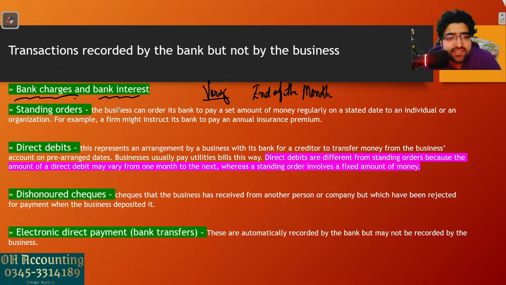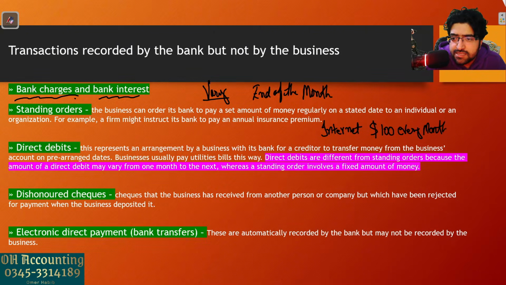Now, what are standing orders? The business orders its bank account to pay a fixed amount of money to an organization or individual on a fixed day. So for example, I have internet for which I have to pay $100 every month.